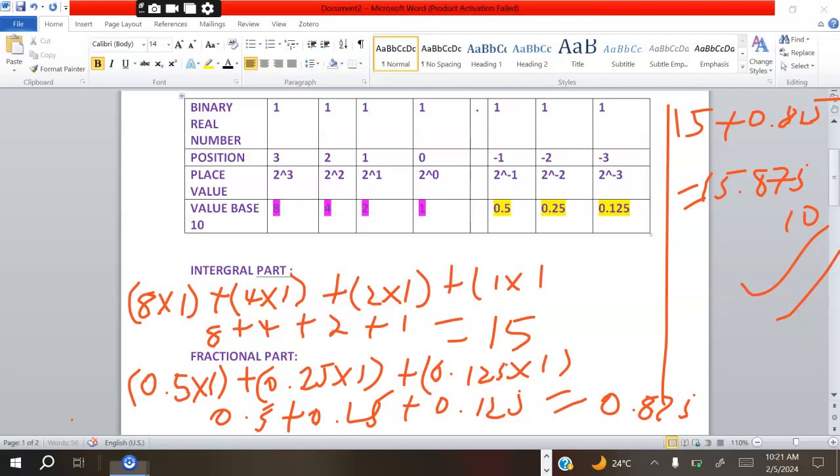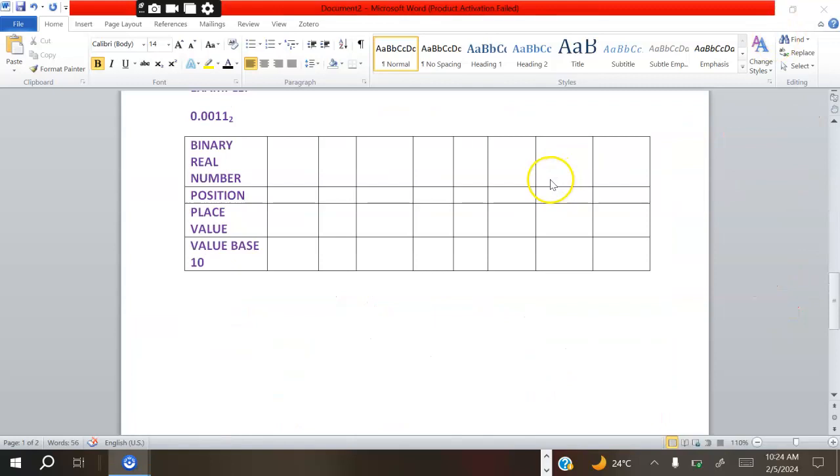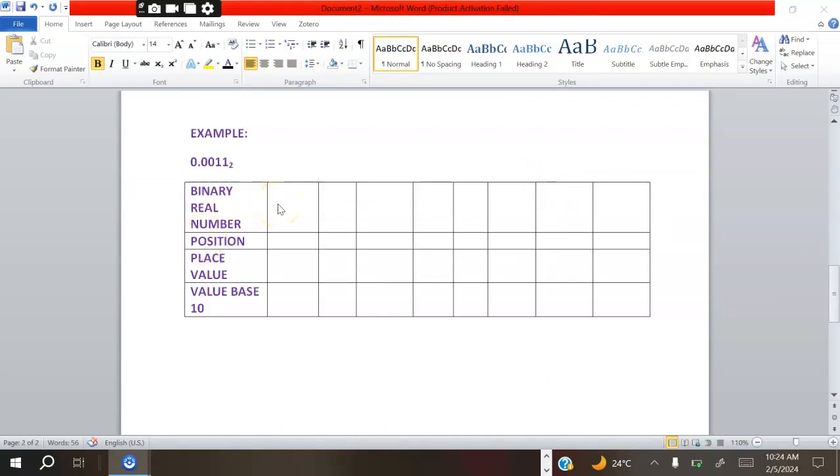Let's move to the next part. For example 2, we have 0.0011. The positions are 0 before the point, then -1, -2, -3, and lastly -4.